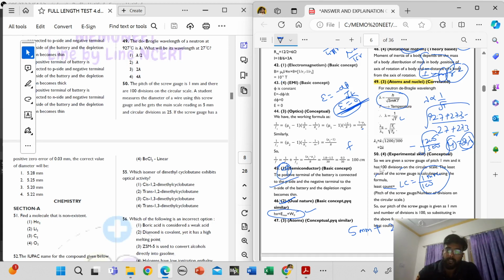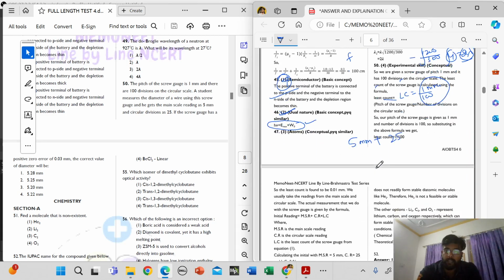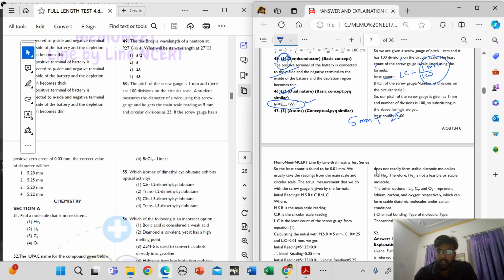Its formula is main scale reading plus circular reading into least count. This is the initial reading. The main scale reading is 5 mm, the circular division we have is 25, and the least count we have is 1 mm upon 100. So 25 times 1 by 100 is 1 by 4, which is 0.25. So we get 5 mm plus 0.25 mm, that is 5.25 mm.